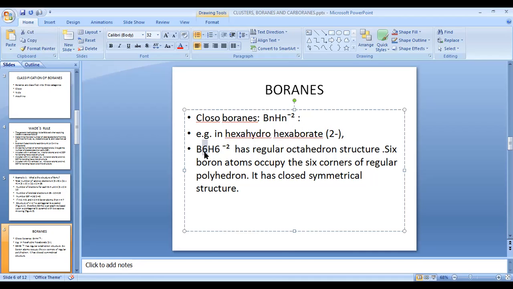So how can we calculate SEP? Tell me, what is SEP? SEP is the total number of valence electrons minus 2 into the number of BH bonds, divided by 2.